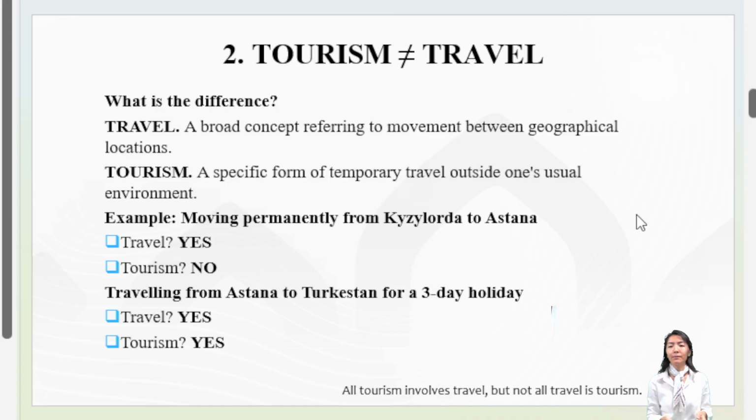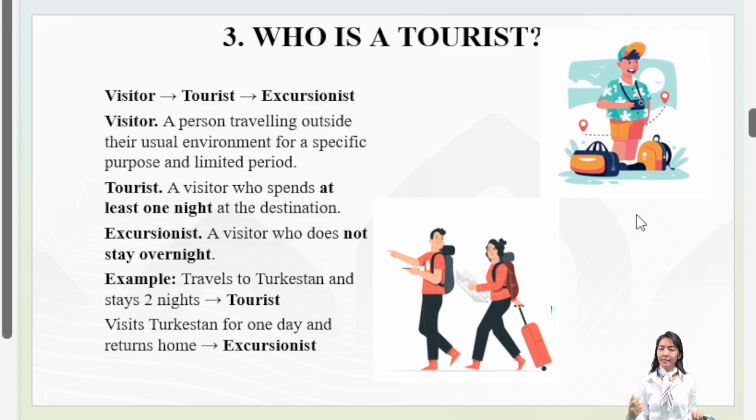It's also very important to understand who is a tourist, a visitor, or an excursionist. A visitor is a person traveling outside their usual environment for a specific purpose and a limited period of time. A tourist is a visitor who spends at least one night at the destination.